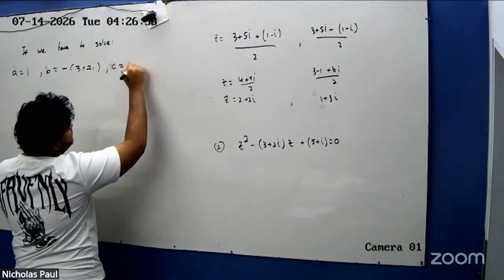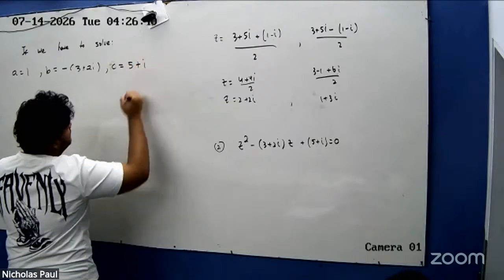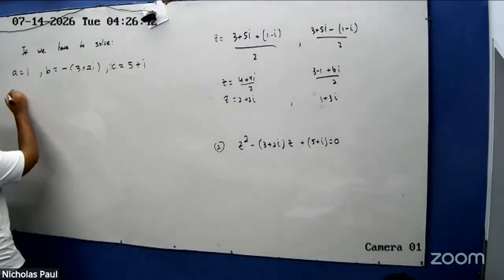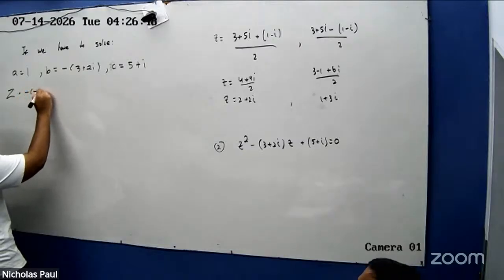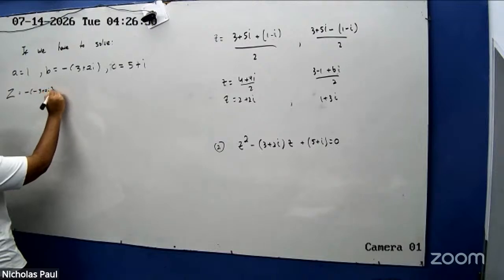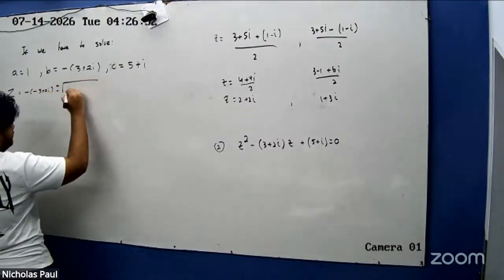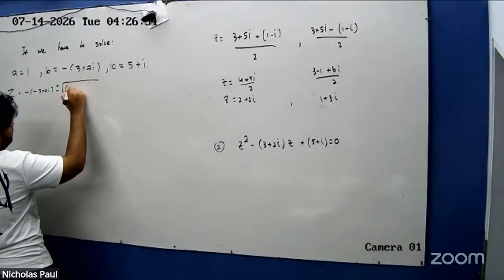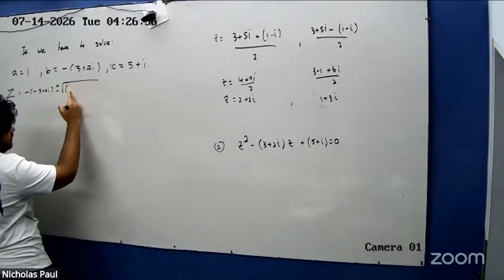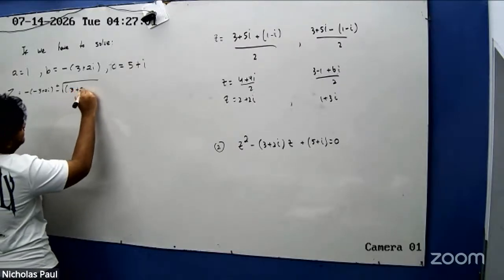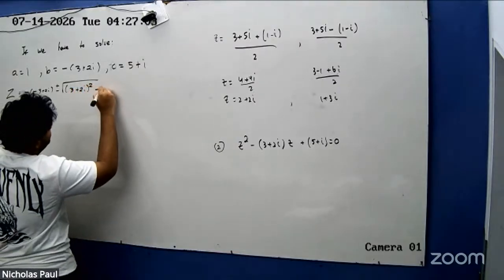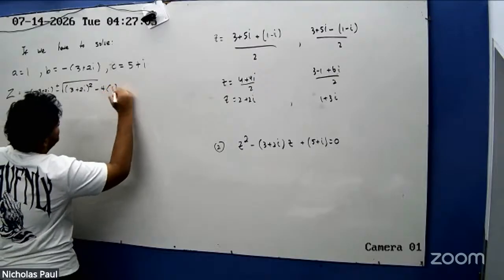What did y'all get in the square root? Right, minus 15 plus 8 i.